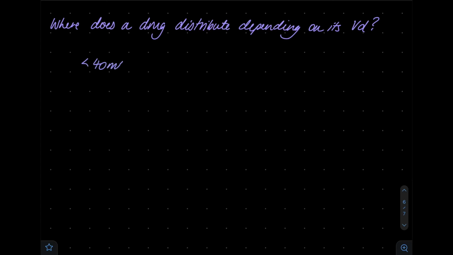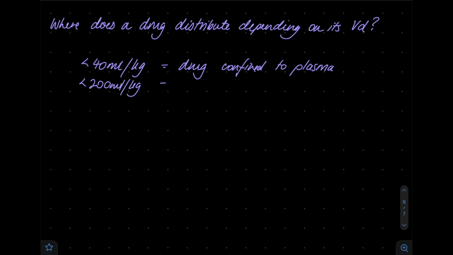Finally, we're going to look at where the drugs distribute depending on the known volume of distribution. This is helpful to know because knowing the drug's volume of distribution can tell us which parts of the body it will distribute to or be confined to. So for example, drugs with a volume of distribution of less than 40 mL per kilogram tend to be confined to just the plasma, whereas at less than 200 mL per kilogram, the drug is now confined to the extracellular fluid.